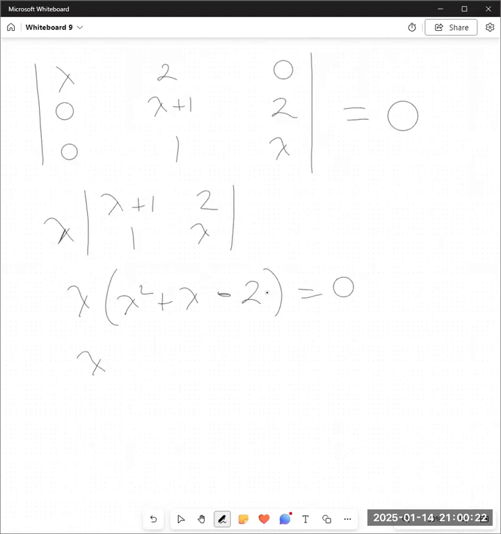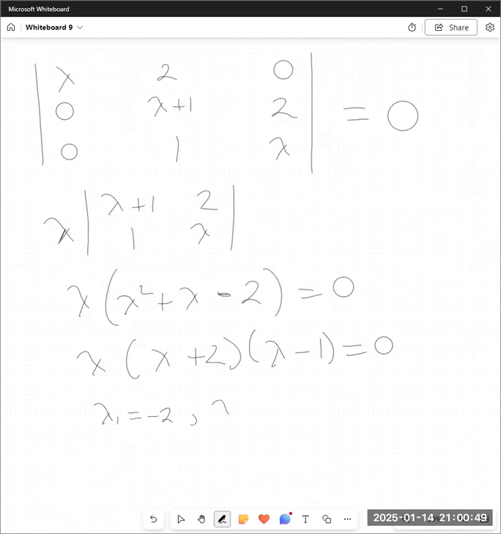So this factors into lambda plus 2 times lambda minus 1 is equal to 0. I usually like to write my lambda answers from smallest to biggest. So the smallest 0 here is going to be when lambda is equal to -2.